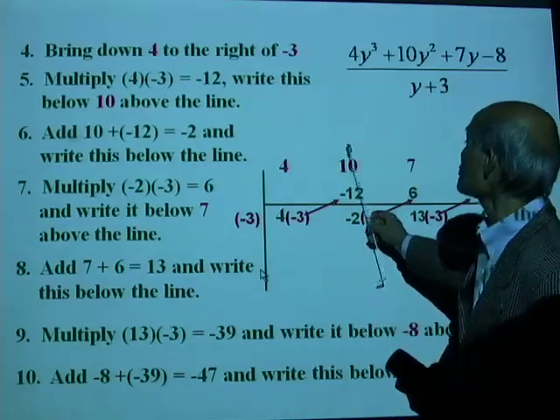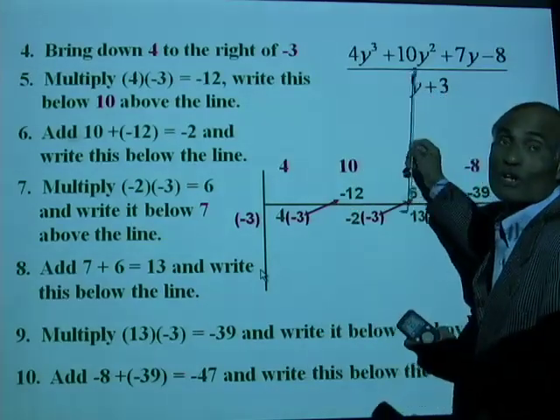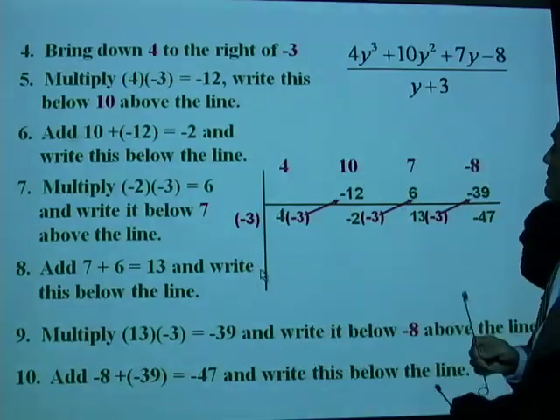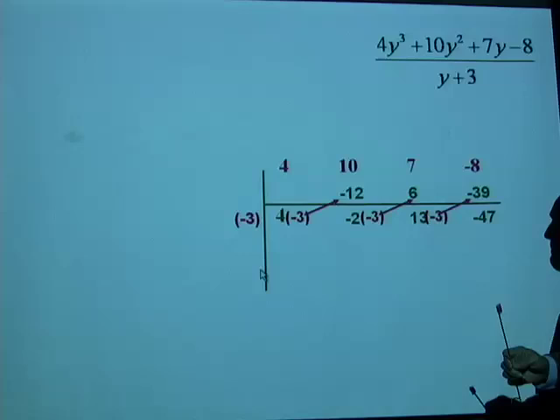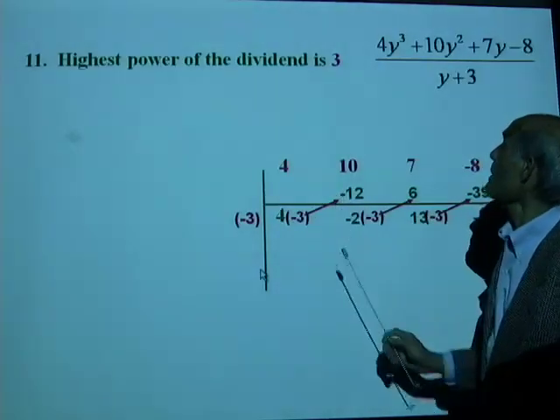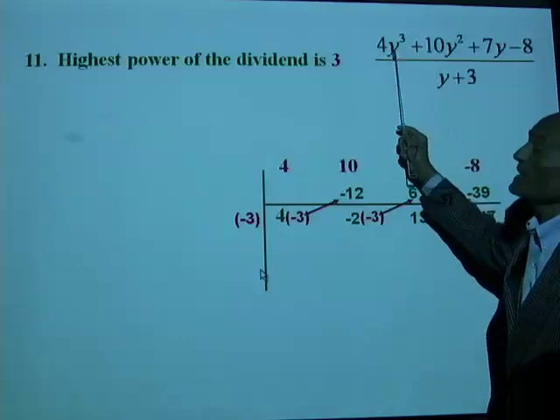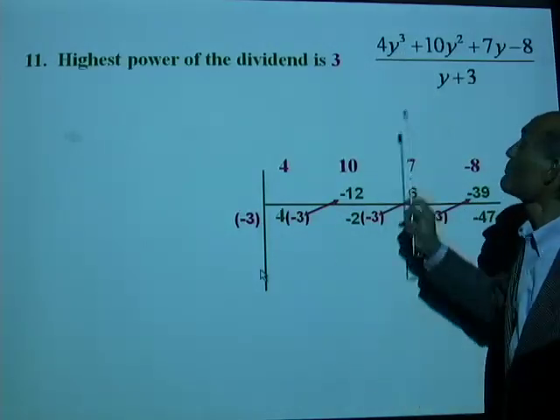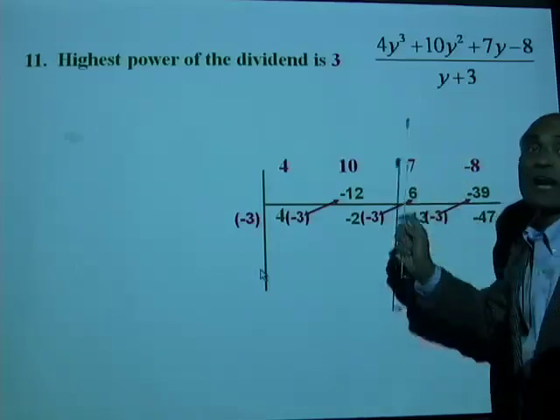In fact, this is the same polynomial we divided by the same binomial. And so how do we pick the result now? The highest power of the dividend is 3, and we are dividing it by a binomial.